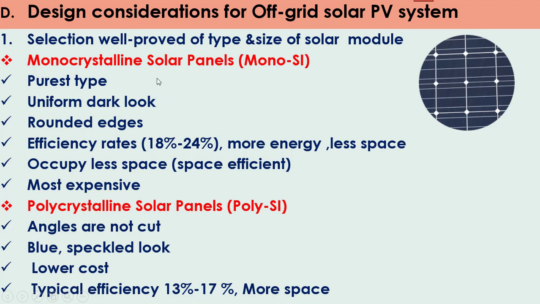The first one, and most popular type, is monocrystalline solar panels, mono-Si, which represent the purest type, and as we see, this type has a uniform dark look and rounded edges, and their efficiency ranges from 18 to 24%, producing more energy and requiring less space when installing on a roof or even on the ground.